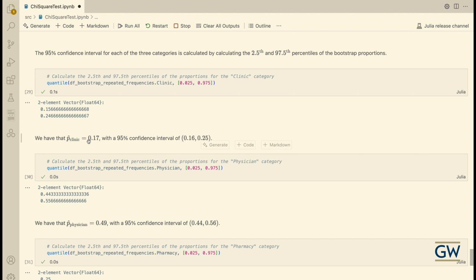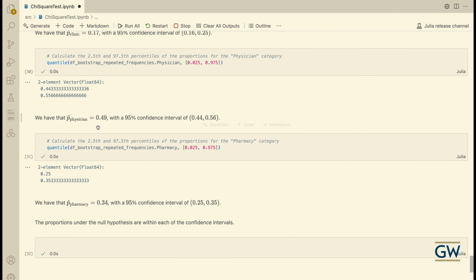So look at that. For the clinic, our sample proportion was 17%, but using those quantiles we get a 95% confidence interval of 15.67%, or around about 16%, to around about 25%. As you can see, it's not symmetric around the 17% like we have with symmetric distributions.